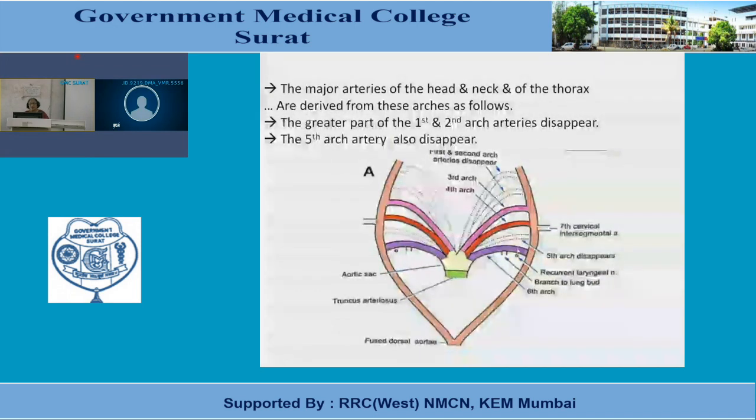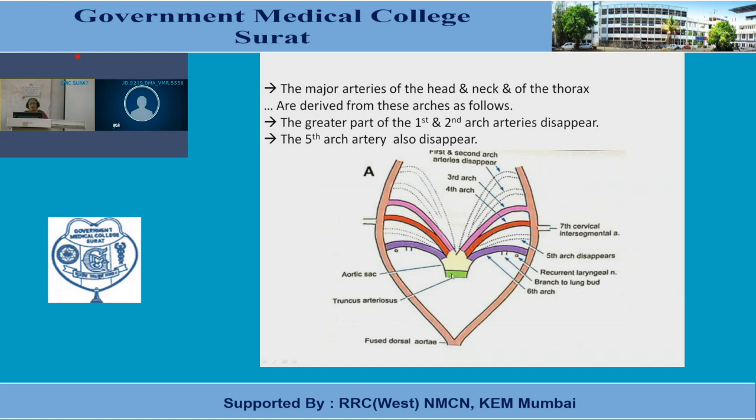Right? Here you can see in the given diagram the branch to the lung bud, with two downward arrows indicating the branch to the lung bud on the right and on the left. Both of these are related to the recurrent laryngeal nerve. Now this is the aortic sac, this is the right horn of the aortic sac, and this is the left horn of the aortic sac.